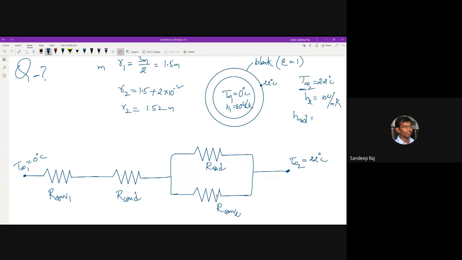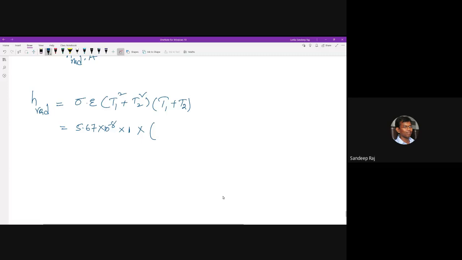So you better write this in this nomenclature itself. I'm writing it again here. It is T2 plus T infinity 2 square, because according to the nomenclature that we have set in our problem, it is like this. Two temperatures, that's what matters.